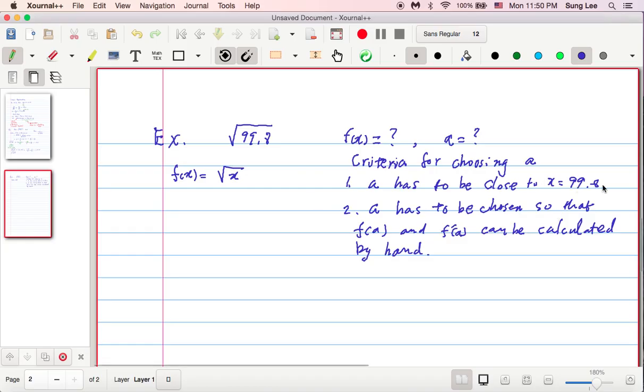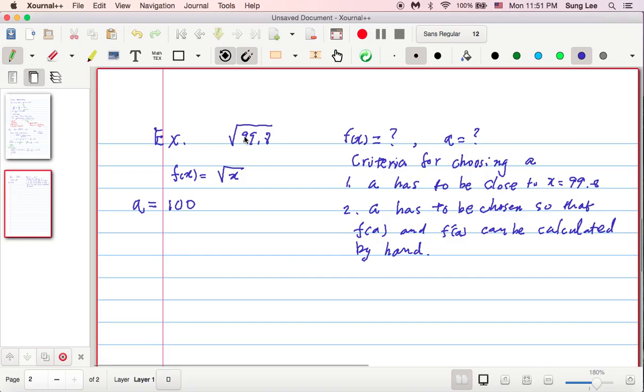By looking at this function, which involves the square root, what would be our best choice for such an a? You probably have an answer: a is going to be 100. Based on these two criteria, the best choice is a equals 100, because 100 is close to 99.8, and 100 is a perfect square, 10 squared.